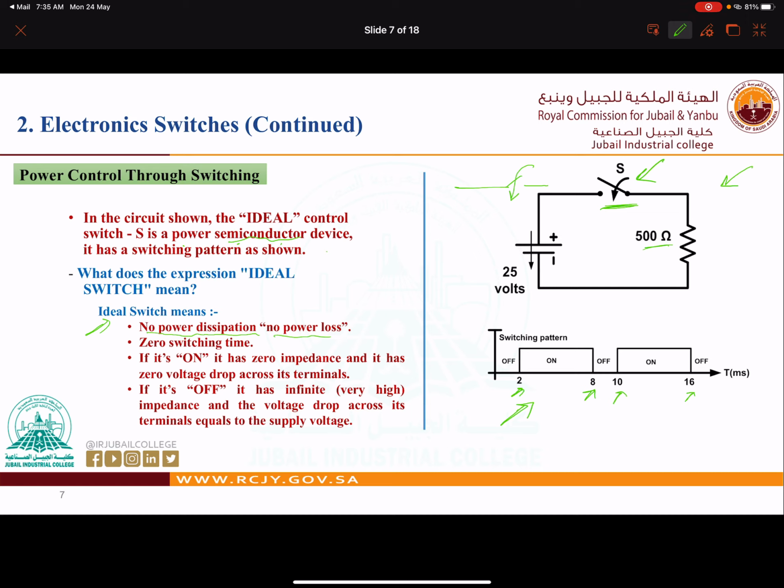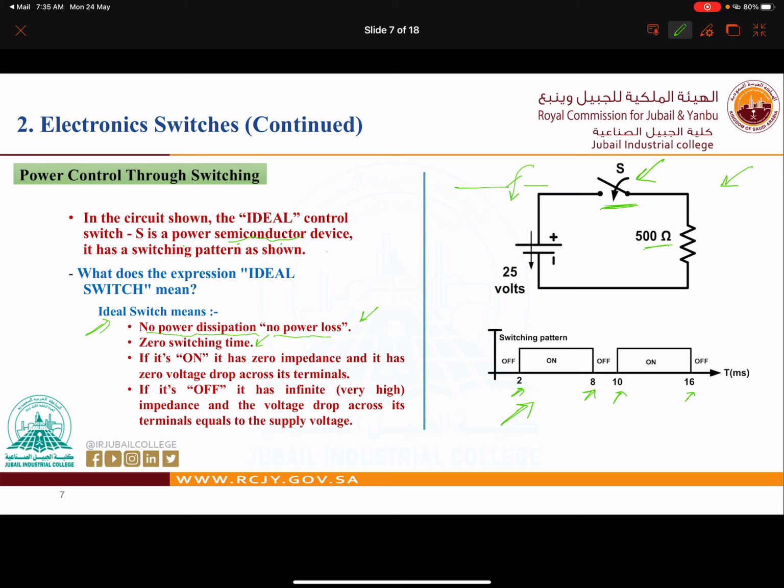In the ideal switch, we don't have power loss. We have zero switching time, meaning it takes 0 seconds to close and open, and this is of course not real. We cannot reach this ideal switch.